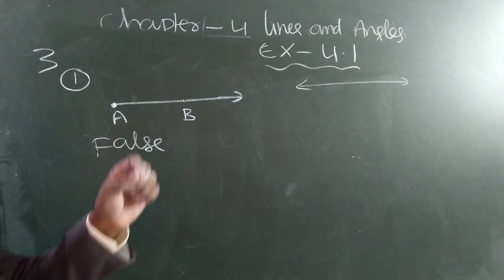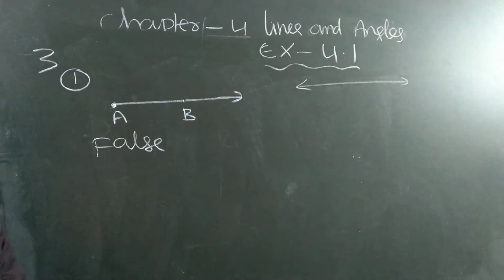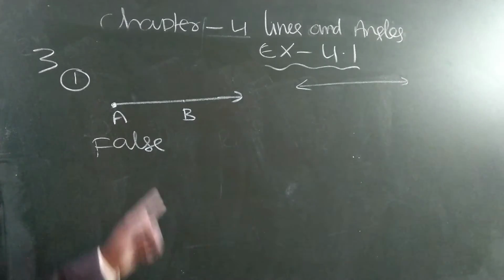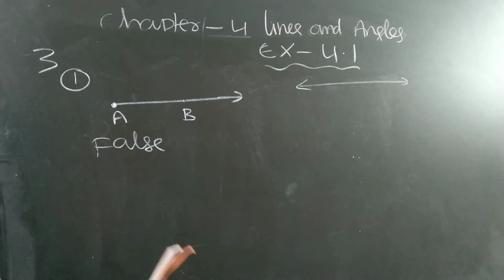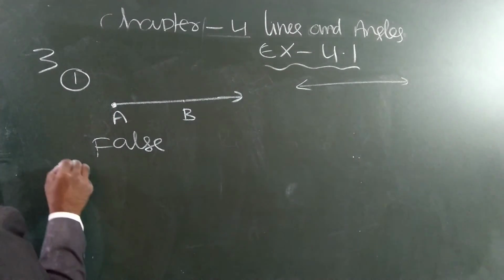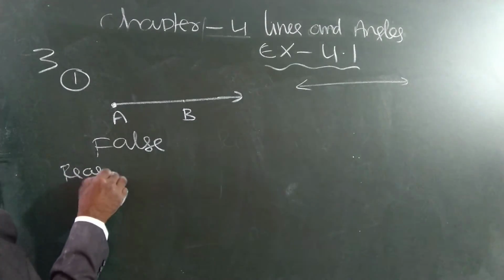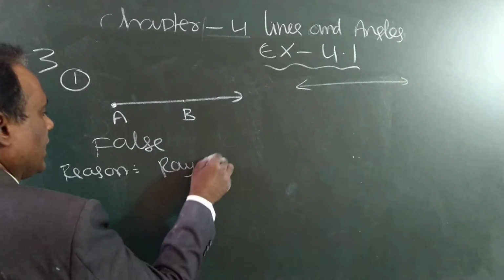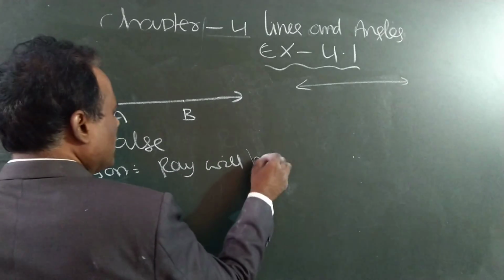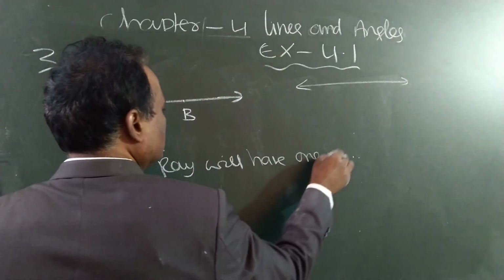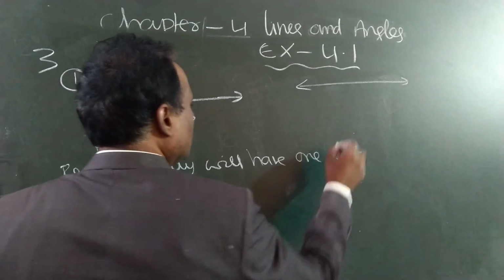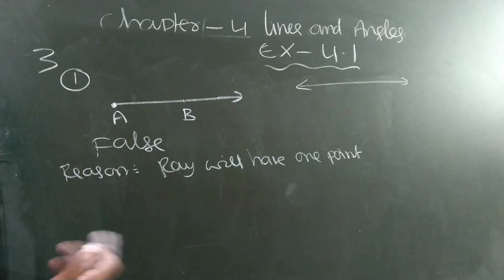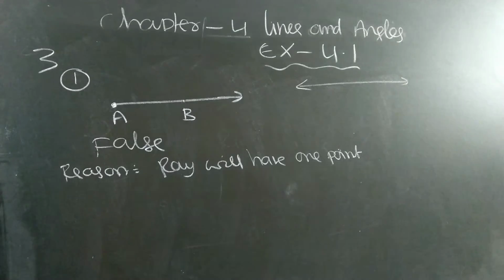Reason: a ray will have one end point. So saying no end point is the wrong statement.